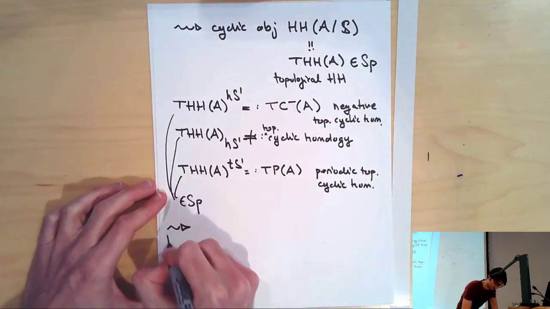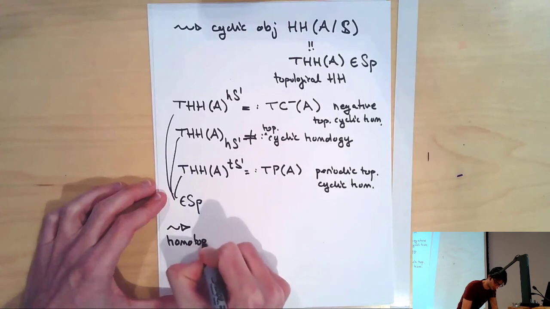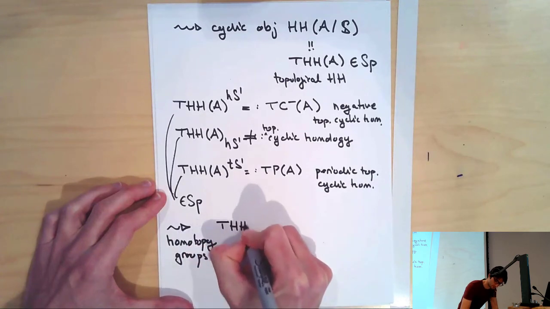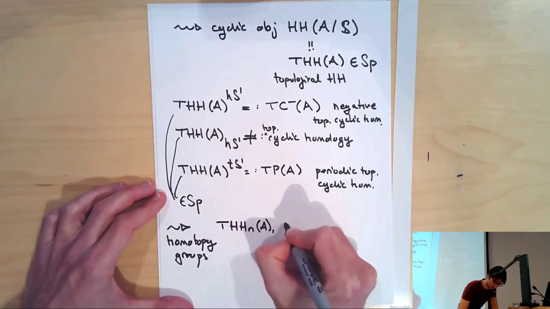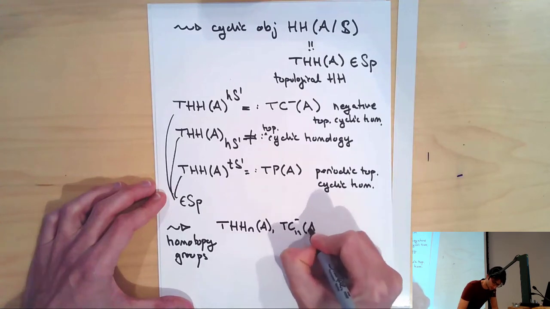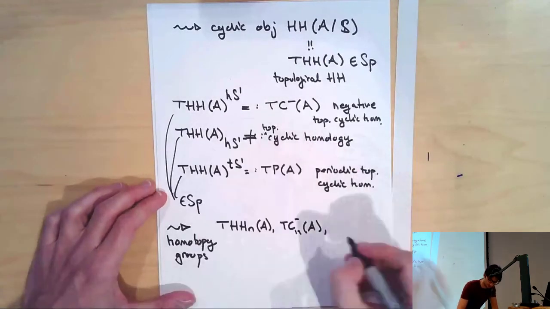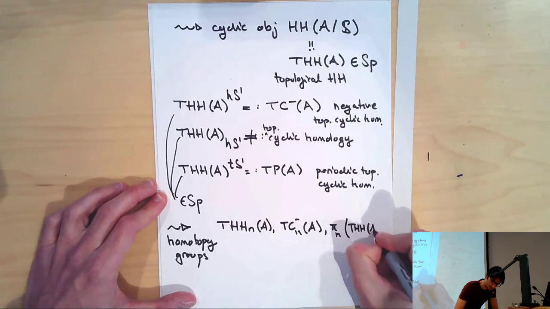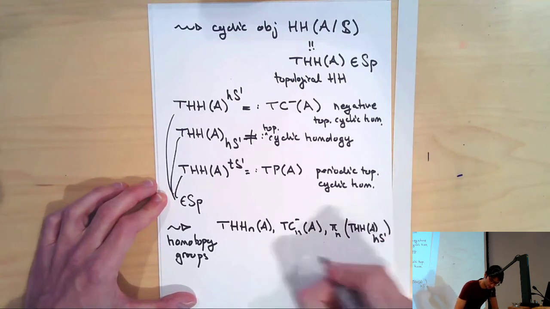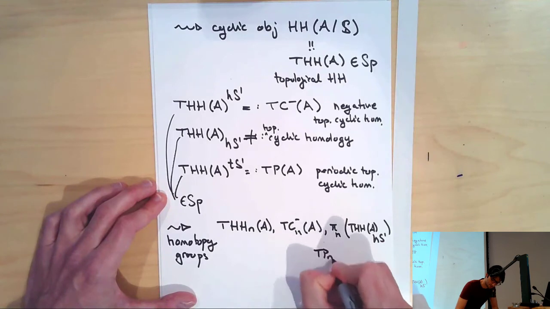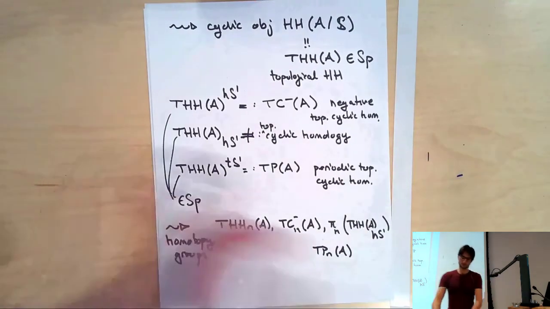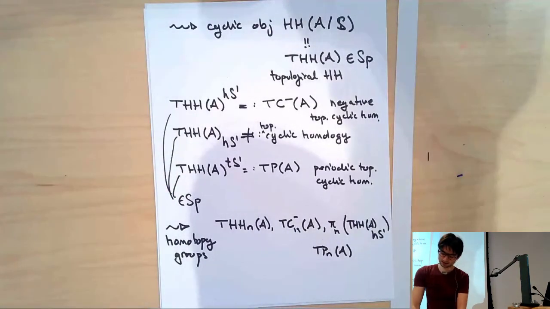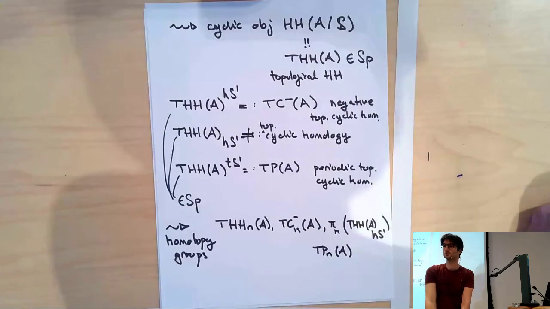In particular, I can take their homotopy groups to output THH_n of A, TC^-_n of A. Well, let me skip the middle one because there's no really good name. Well, no, let's write it down anyway. Pi_n of THH of A_hS1 and TP_n of A. So if I start with some complex here and I send it over to the right-hand side, it has some homotopy groups which coincide with the homology groups if I view it as a complex.